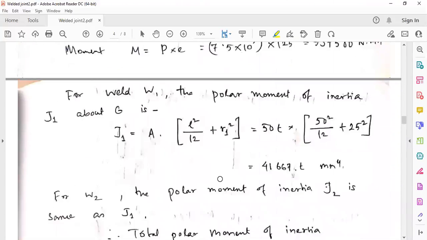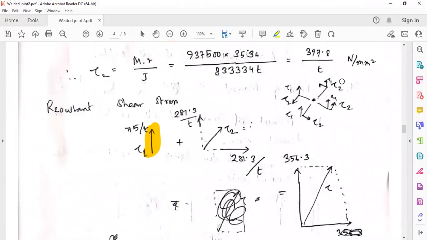So this is shown here, just like this, this one here, that way, and each and every farthest point will have tau 1. Actually it is present everywhere, but we show it like this at the extreme points.